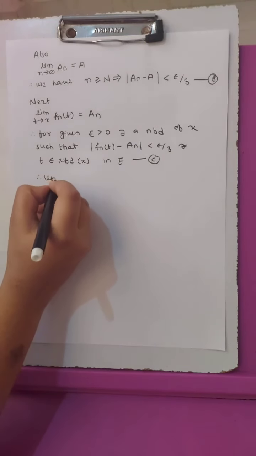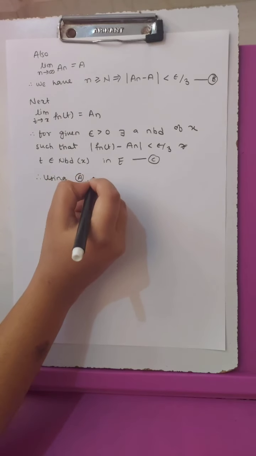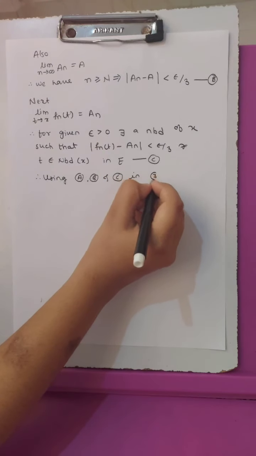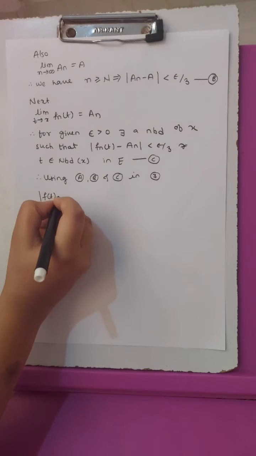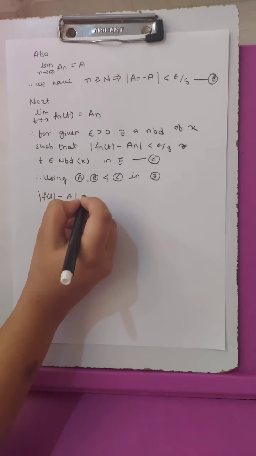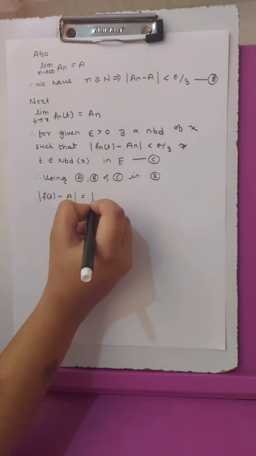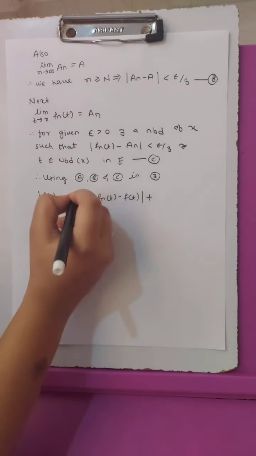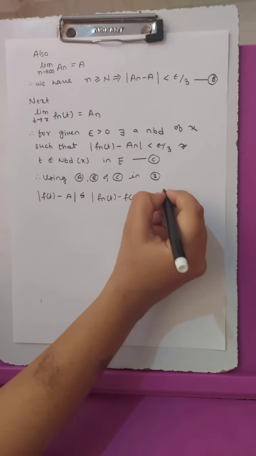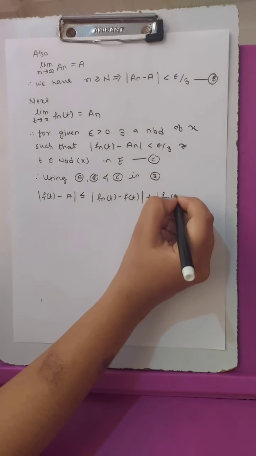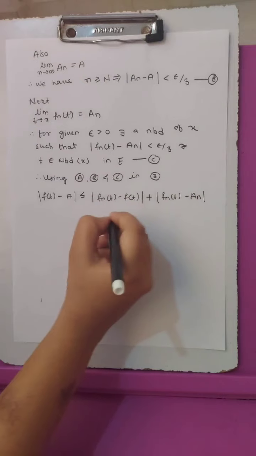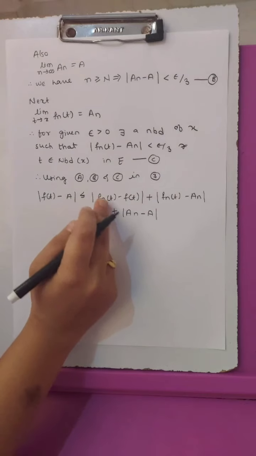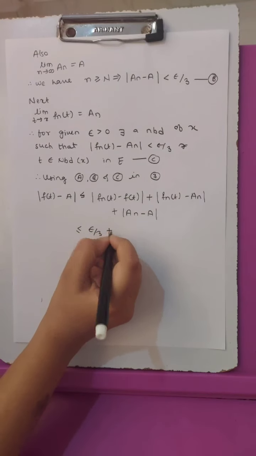So therefore using A, B and C in equation 3, we will get mod of f of t minus A, which is less than mod of fn of t minus f of t plus mod of fn of t minus An plus mod of An minus A. From A, this is less than epsilon by 3.